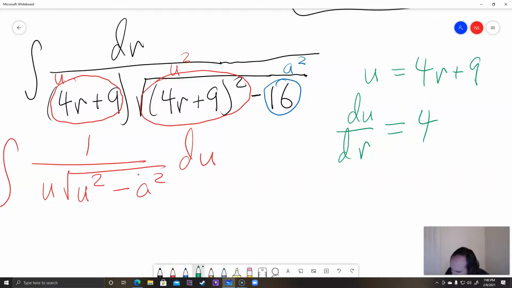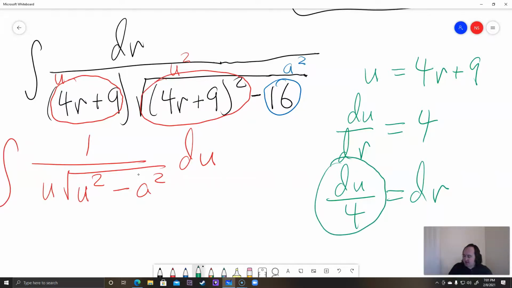And then if we isolate dr, multiply both sides by dr, divide both sides by 4, we get du over 4 equals dr. Now we can go ahead and plug in this du over 4 for the dr up here.